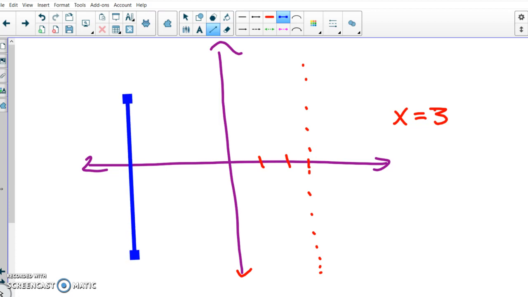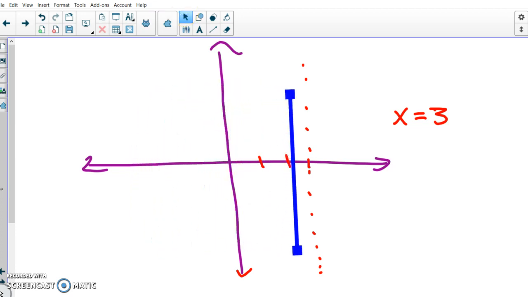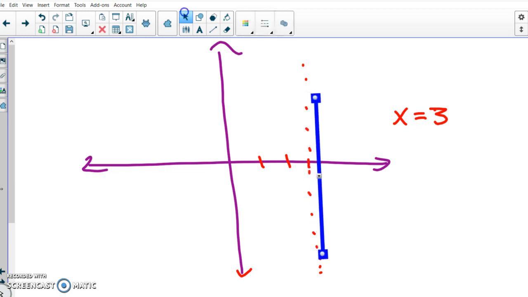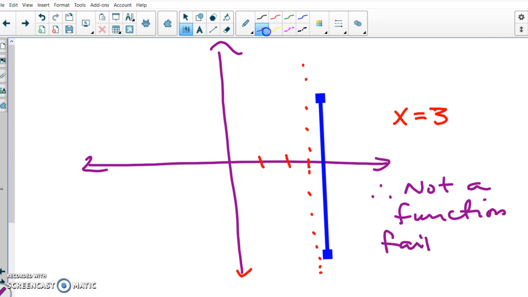If I take a vertical line and pass it over that line, I see that I touch the line x equals 3 in infinite spots. And what we conclude is, therefore, not a function, because it failed our vertical line test. Fail. That's not a fun word, is it?